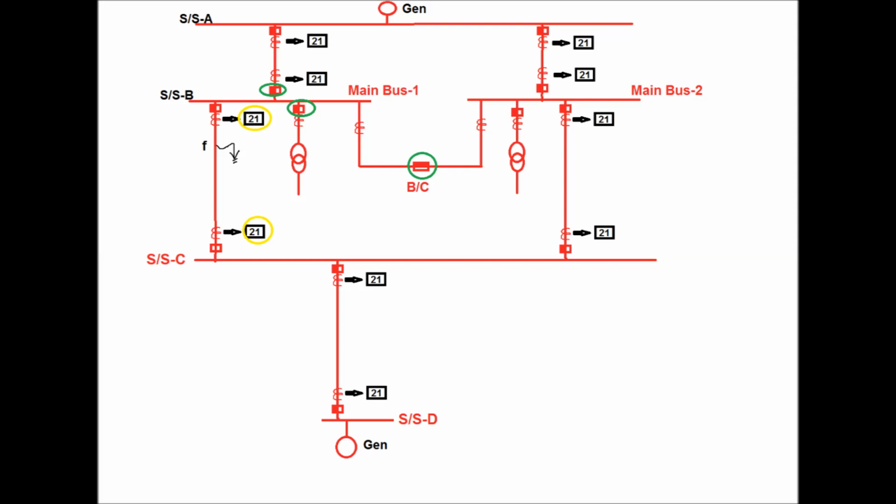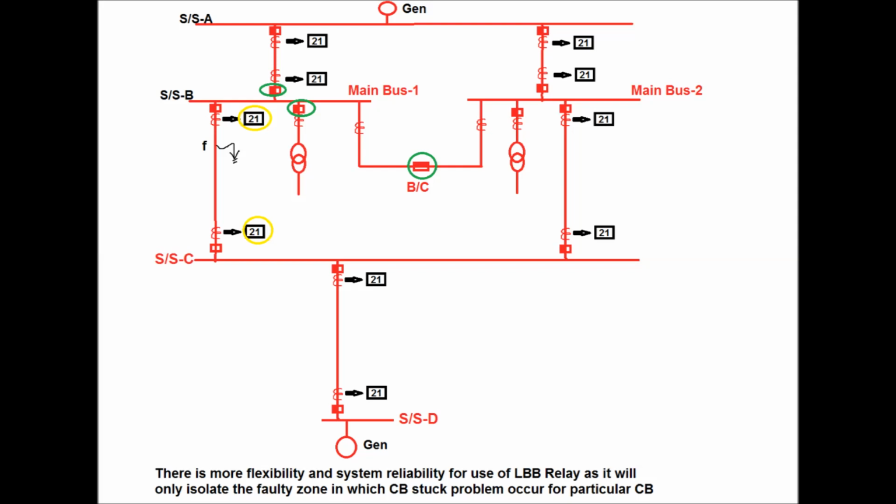So here the LBB relay is more flexible for the 2 bus arrangement. For a 2 bus system, that is, if a substation has main bus 1 and main bus 2, there is more flexibility and system reliability in the use of the LBB relay, as it will only isolate the faulty zone in which the circuit breaker pole stuck problem occurs for a particular circuit breaker.